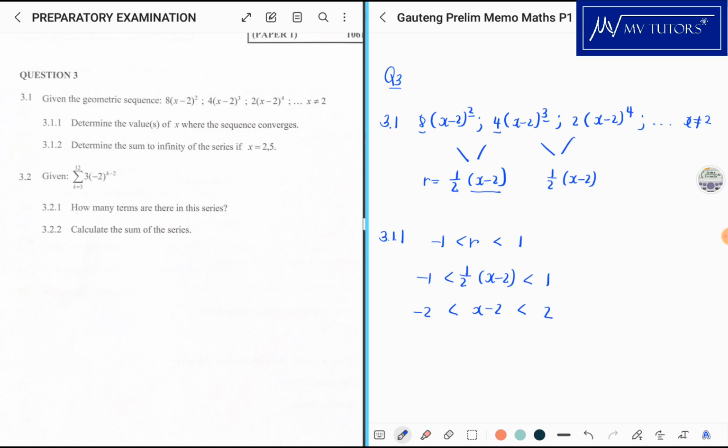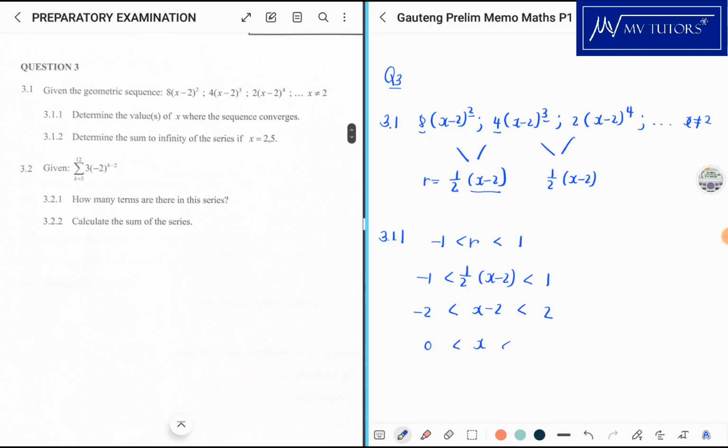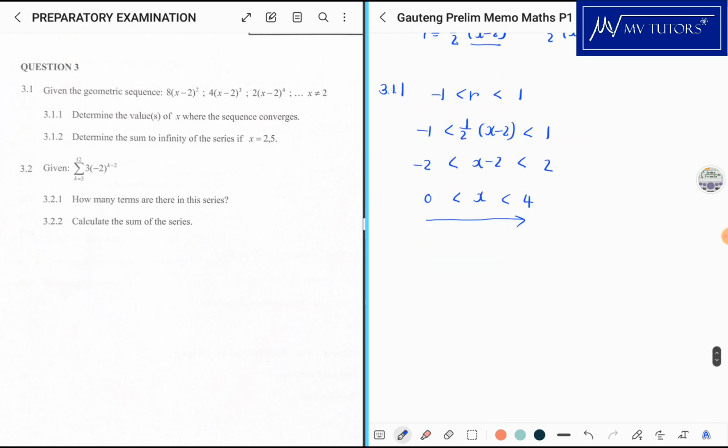So we have x minus 2 in between -2 and 2. And if I take -2 to the other side, it becomes a positive, so here we have 0. And if I take it to the right hand side, it will be 4. So this is where my solution lies, the values of x where the sequence converges.